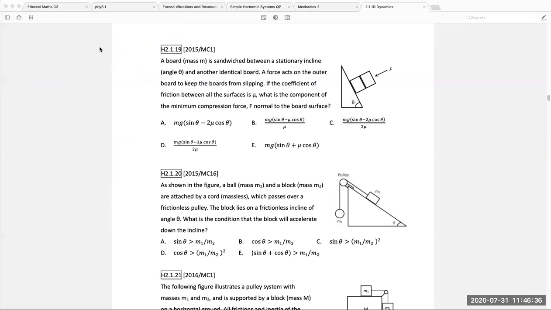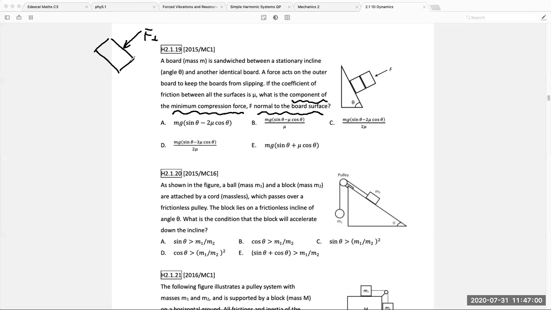Actually, the question may be quite confusing. You need to look at the question carefully. It asks you about the minimum compression force that is normal to the block surface. The components only, okay? So what does it mean by components only?